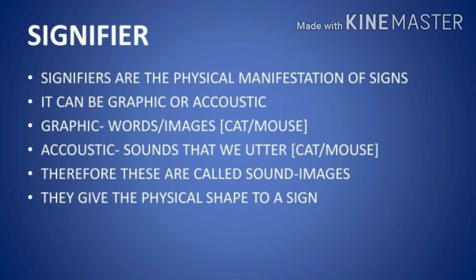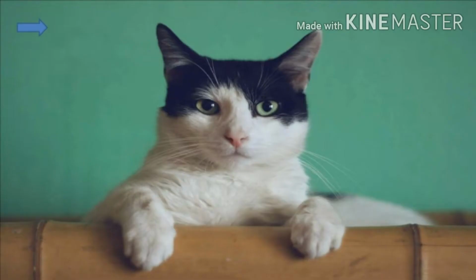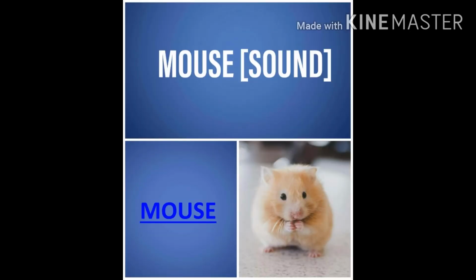For example, the signifier of the sign cat are the word cat, the image of this cat, and the sound cat. Therefore, a signifier is a sound image. Similarly, the signifier of a mouse is the word mouse and the image mouse and the sound mouse, and so on for every sign.